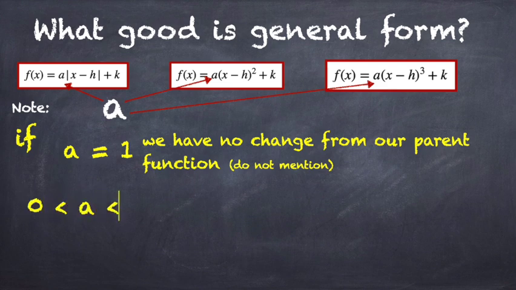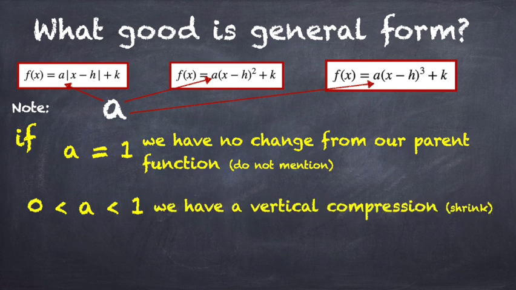If a is between 0 and 1, a fraction or decimal, not an improper fraction. An improper fraction has a value greater than 1. It has to be between 0 and 1. We're not talking negatives either. Then we have a vertical compression, and that means we have a shrink. That means our output values, our function values, our y values are smaller than that of our parent function, okay?